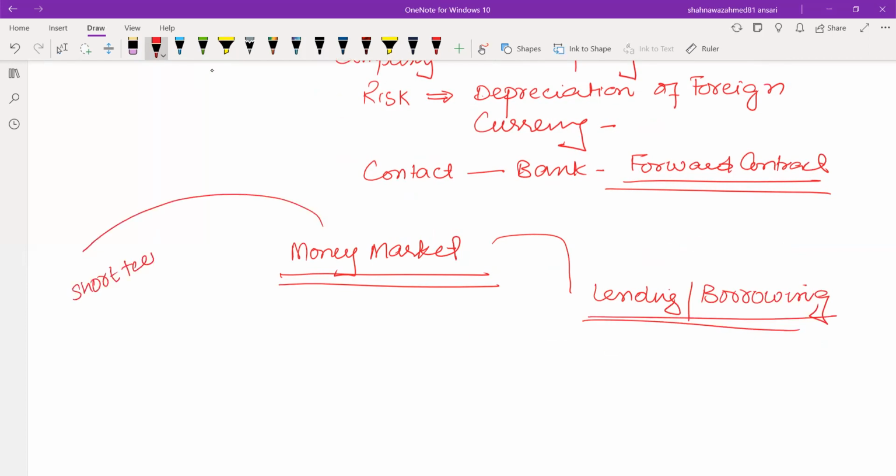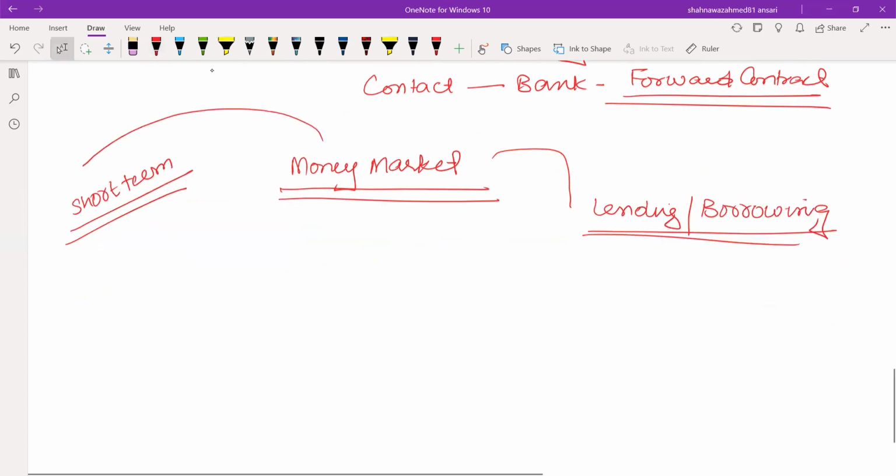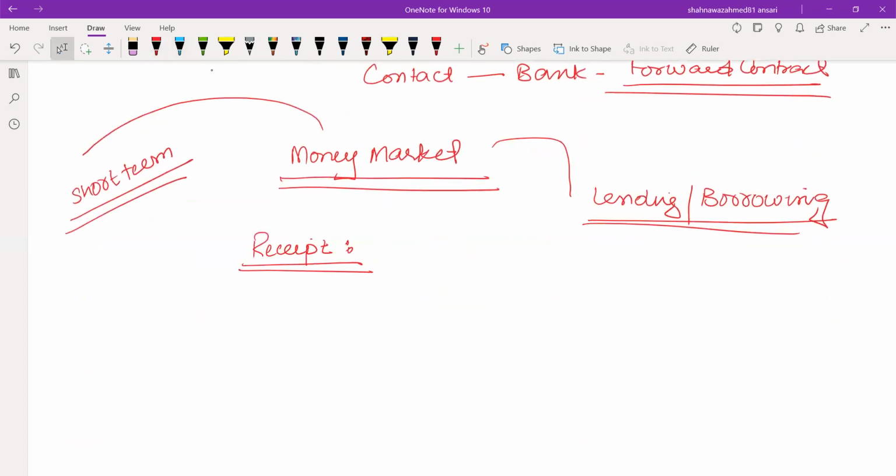So by lending money or borrowing money, you can manage your currency risk. How? In case of the receipt of foreign currency, how can we manage this? Suppose in the above example, I have to receive 500,000 USD in future. What can we do?